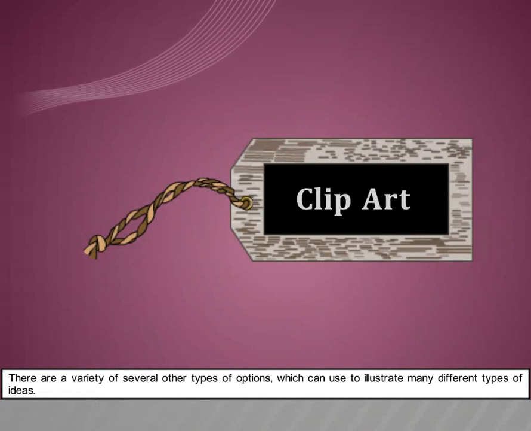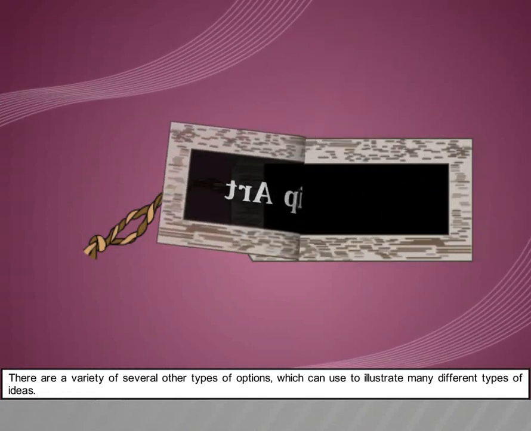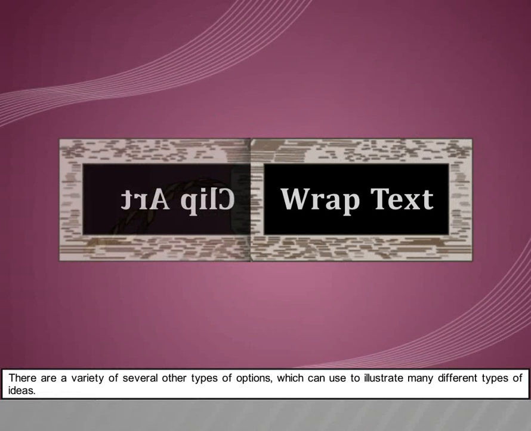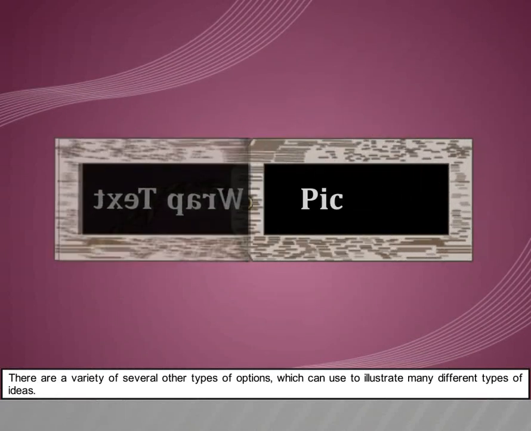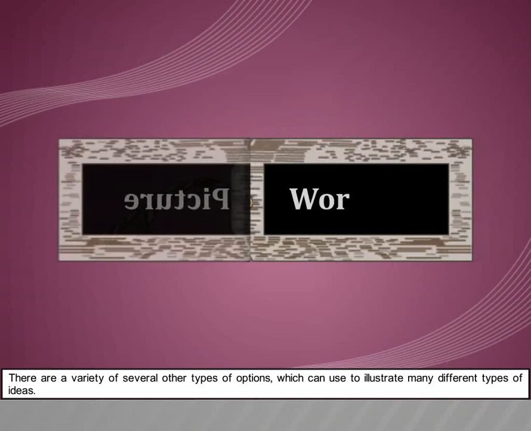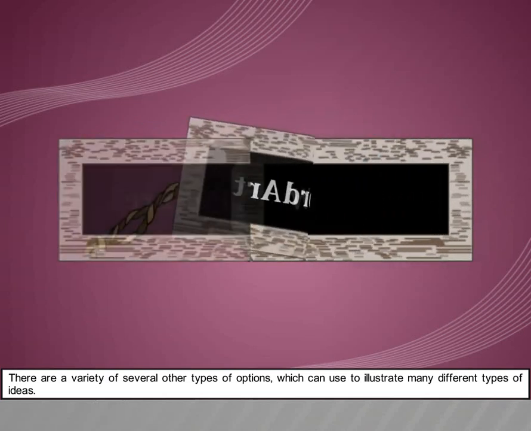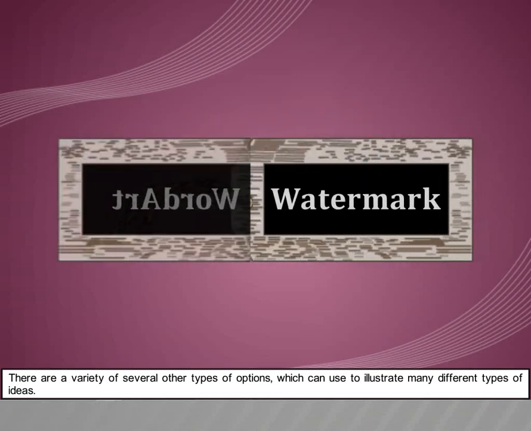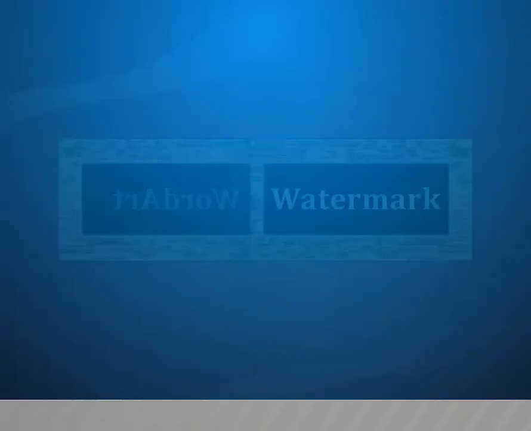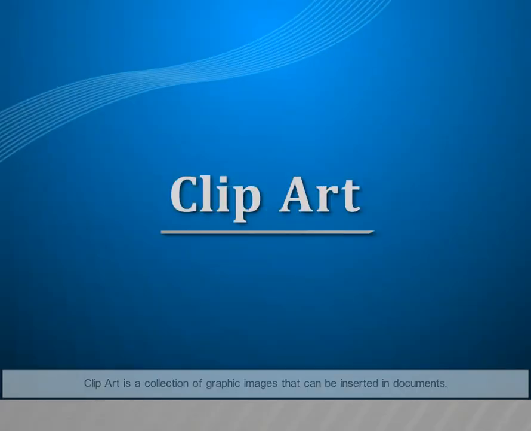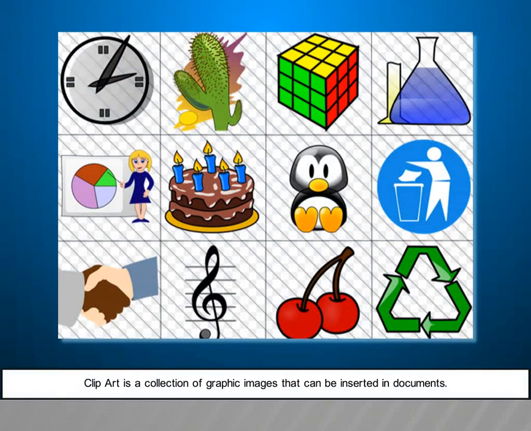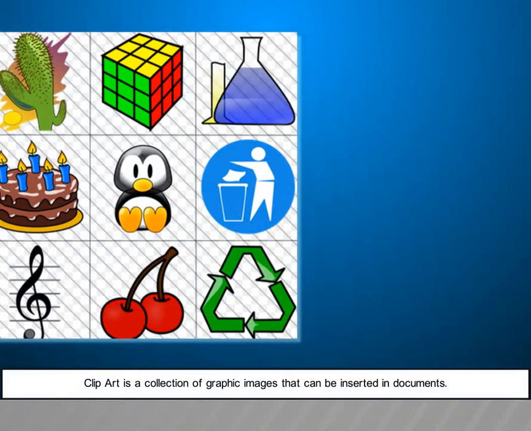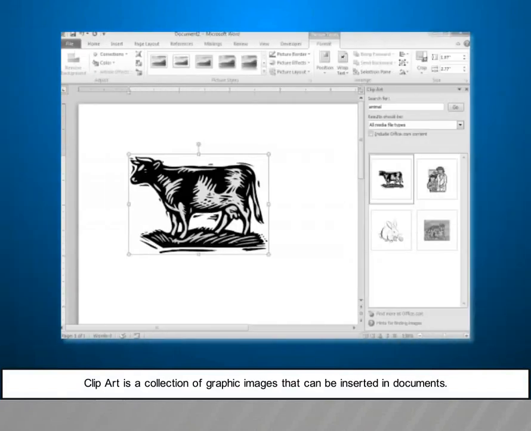There are a variety of other types of options which user can use to illustrate many different types of ideas. Clip Art. Clip art is a collection of graphic images that can be inserted in documents.